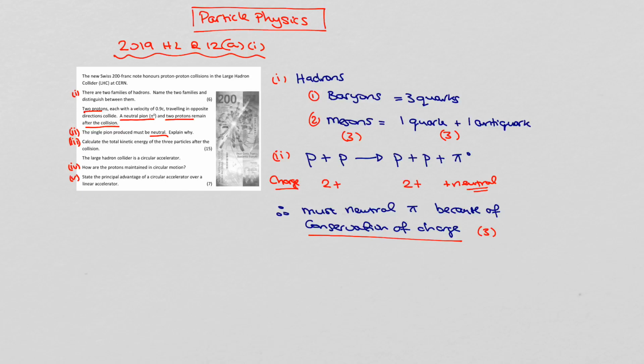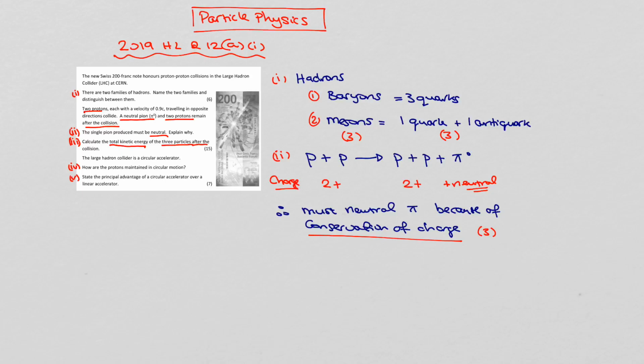And it says calculate the total kinetic energy of the 3 particles after the collision. So they're referring to the 3 particles, in other words, the 2 protons and the pion. So we're looking at the total kinetic energy. So basically beforehand you have 2 protons tearing towards each other with a speed of 0.9 times the speed of light.